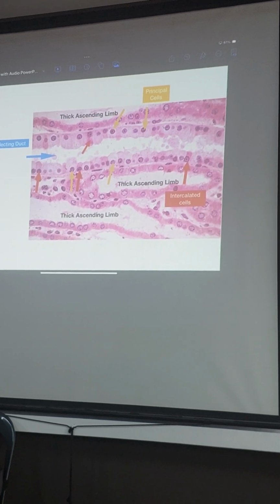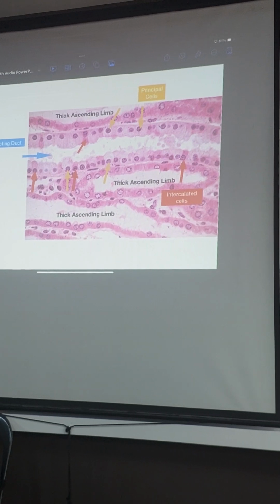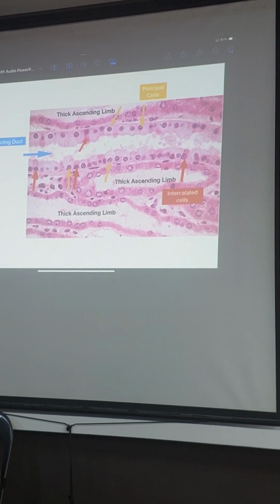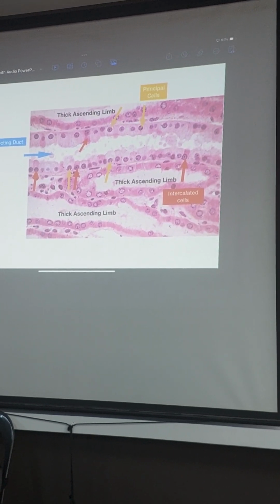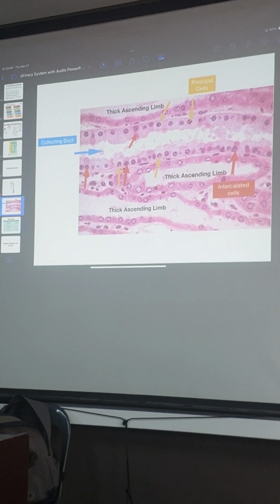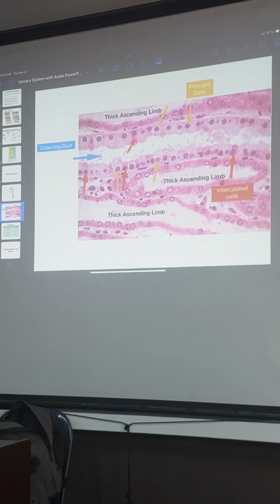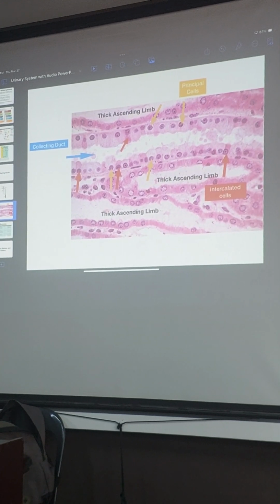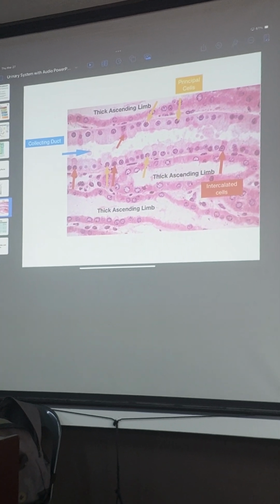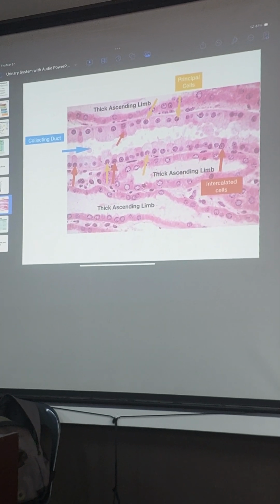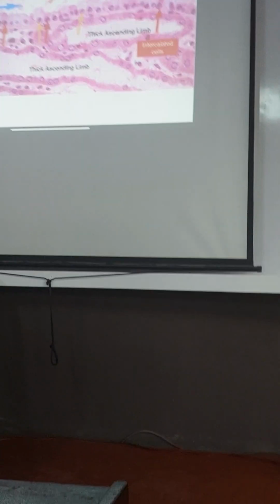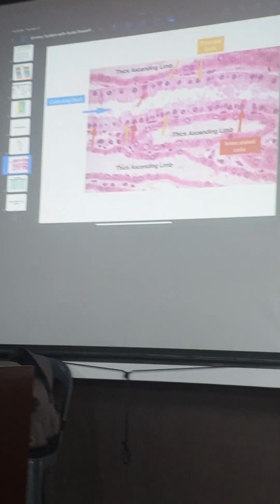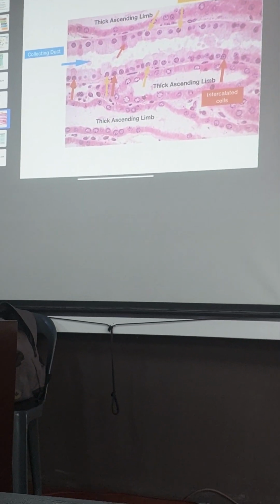Okay? Now, what's the function of principal cells? Anyone? Didn't read in advance? Principal cells contain aquaporins. Yes. What are aquaporins? Yes, they're for water transport. So when not activated, these aquaporins are just being stored in the cytoplasm.